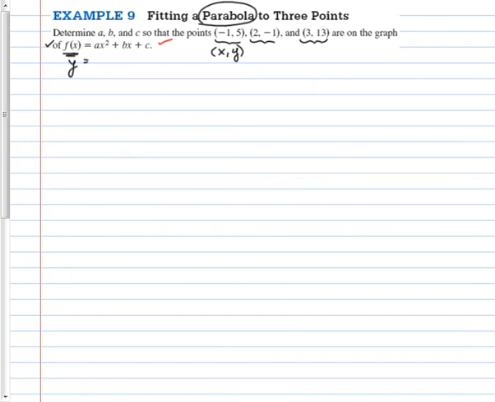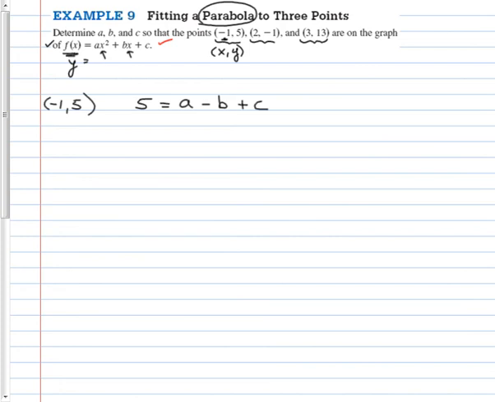So for that first point, the point -1 comma 5, I know that 5 equals, and I put a -1 in my x's. I'm substituting them in. So -1 squared times a is a. -1 times b is -b. Plus c, because there's no x to go with that one.